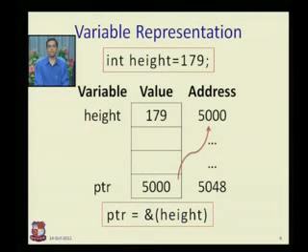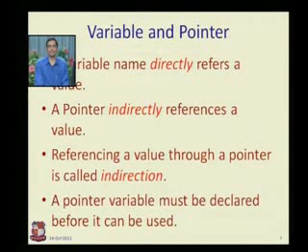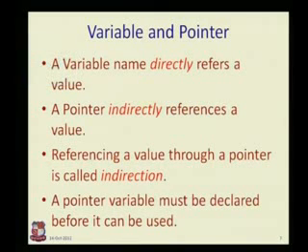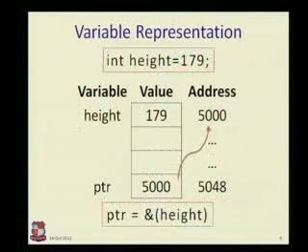Here the pointer is ptr and it is addressing 5000, and at 5000 is the value 179. So the pointer is going to 5000 and then to the 179 value. That means it indirectly references a value. Referencing a value through a pointer is called indirection. So this operator we have used here, ampersand, is the indirection operator.